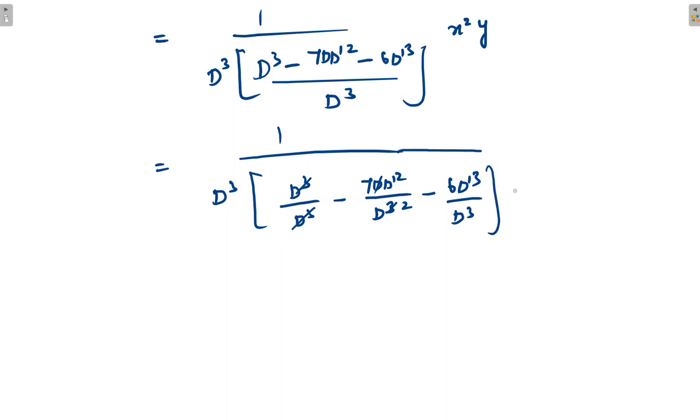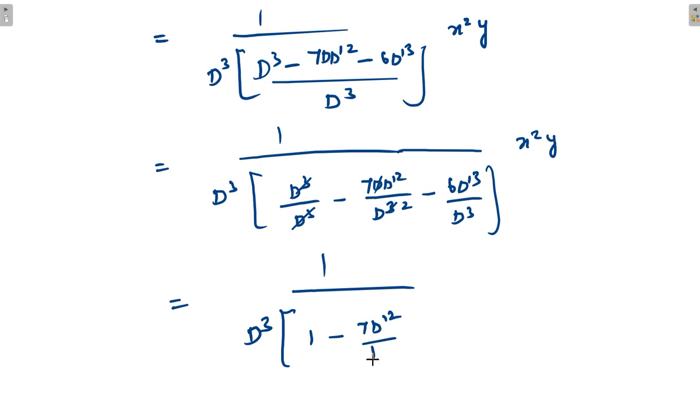So after cancelling, you will write the remaining terms: 1 minus 7D' squared by D squared minus 6D'cubed divided by D cubed, exposed to 2, into y. Now I am going to take minus as the common term in the last two terms.